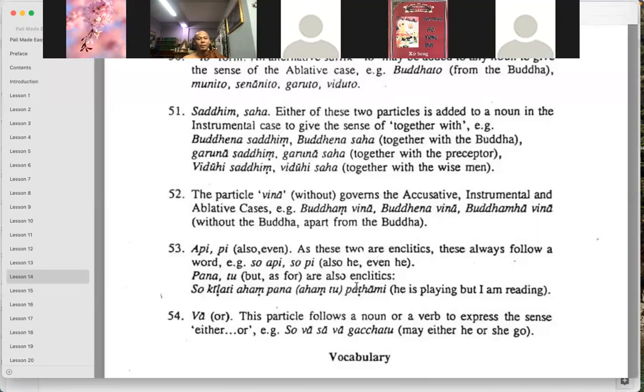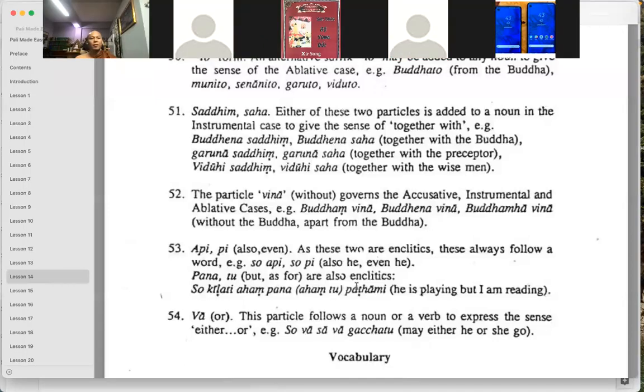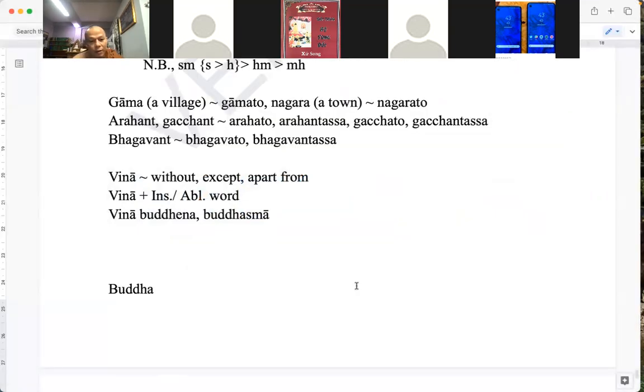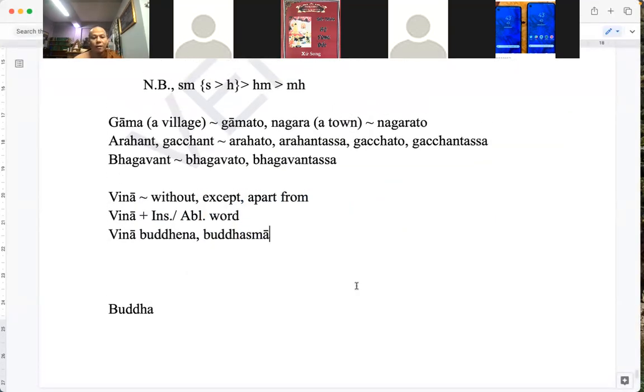Okay, I have a question. Yes. When is it Buddhasma or Buddhasma? The right way to spell it, or both is okay? The writing is the same, just the way we read.